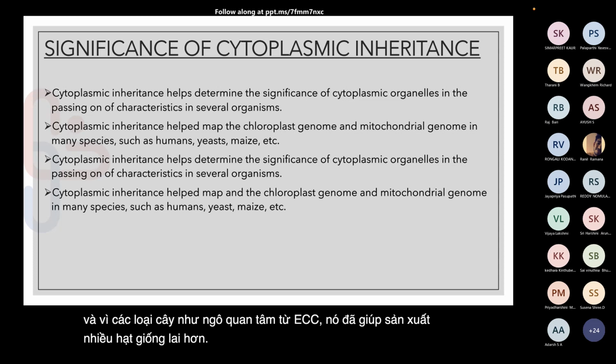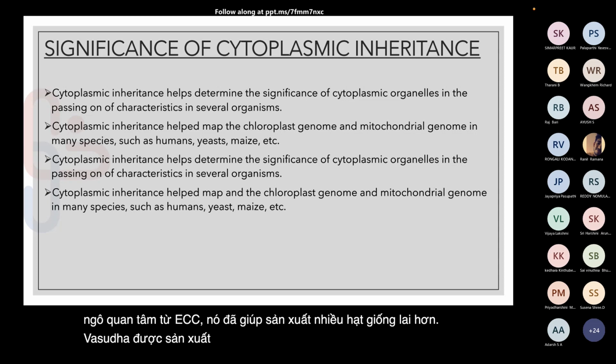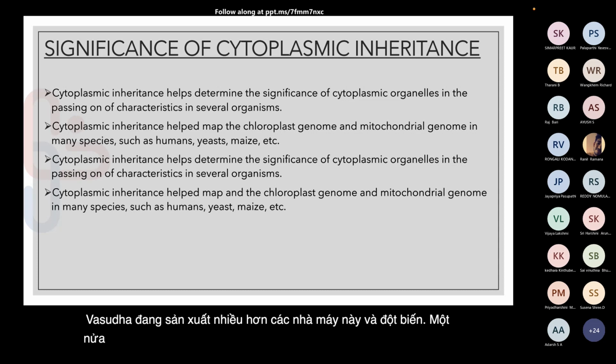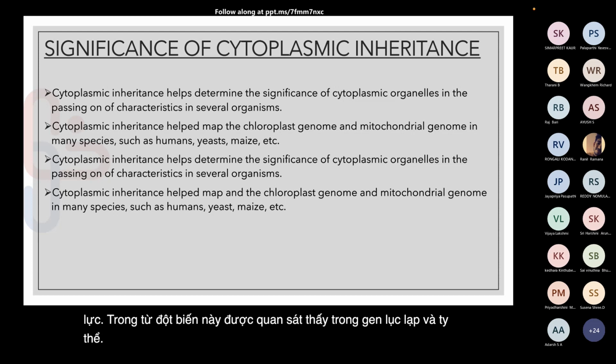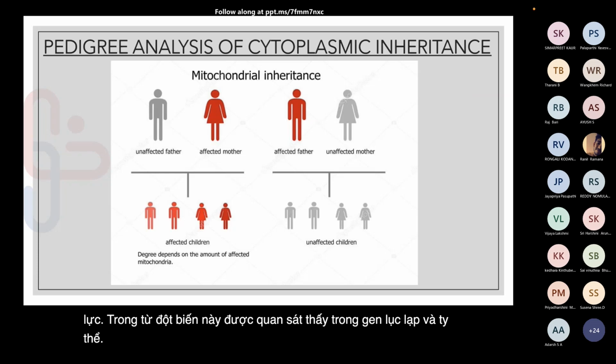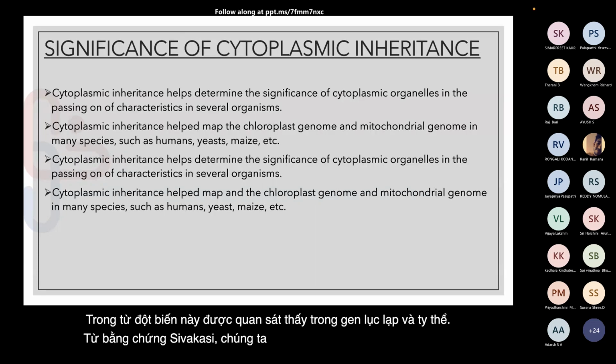So there is more production of these plants, and cytoplasmic mutation helps us to produce new variations of generations. From cytoplasmic inheritance, these mutations are observed in chloroplast and mitochondrial DNA. From cytoplasmic inheritance, we can produce new variations of characteristics. So these are some of the significance of cytoplasmic inheritance.